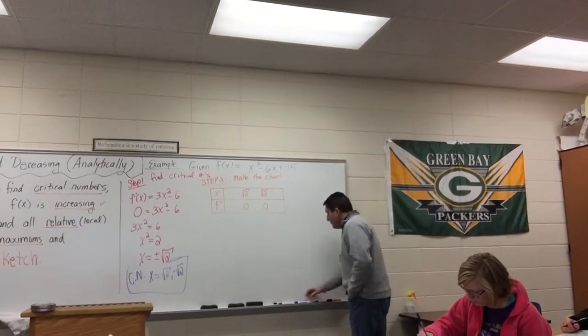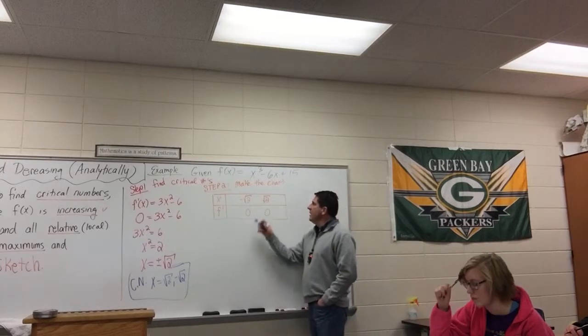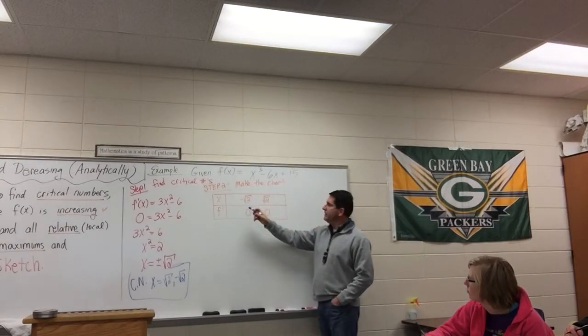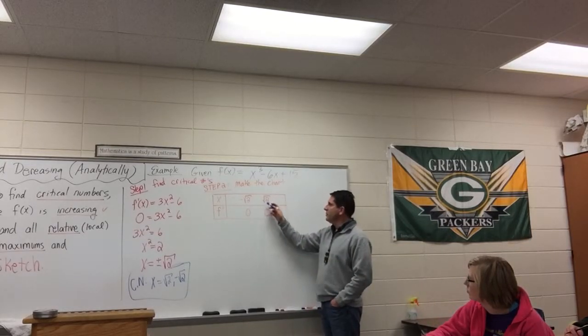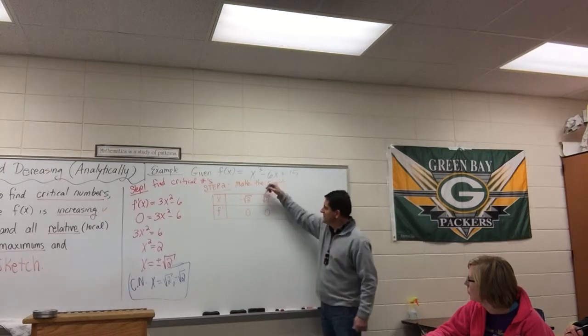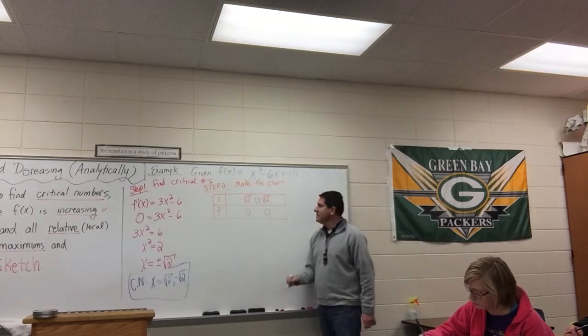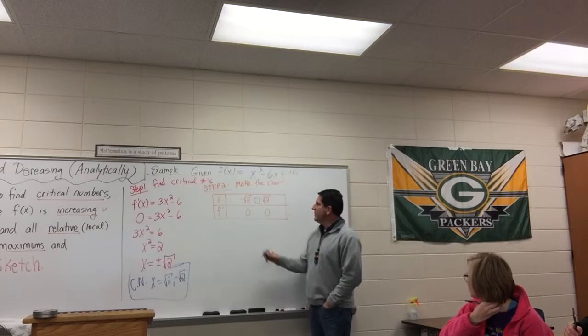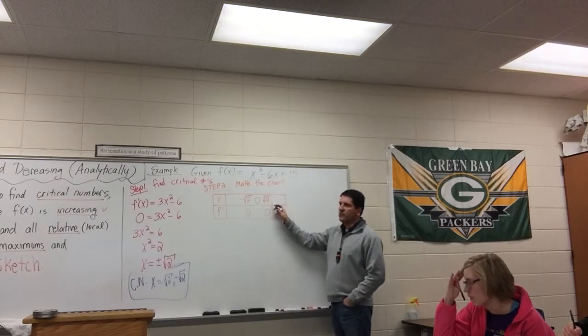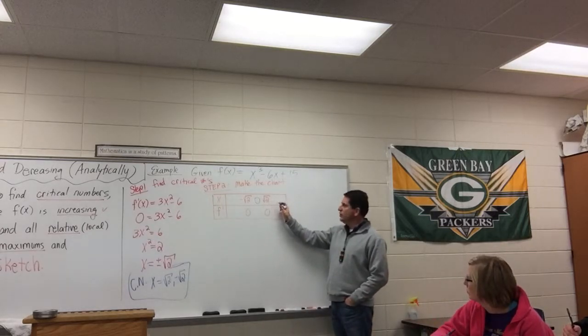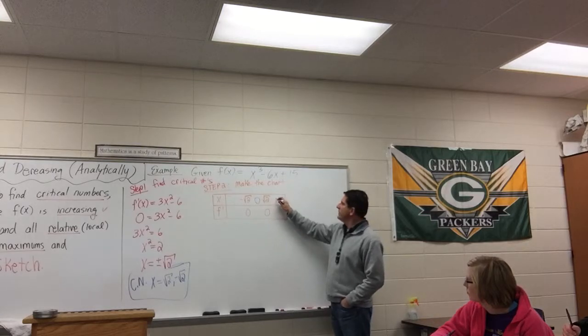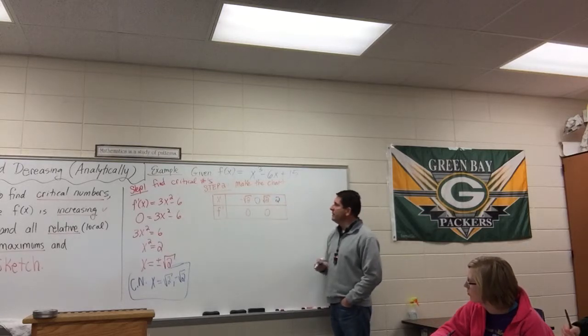Okay? So, we need a value. What's a value between negative square root of 2 and positive square root of 2? 0. So that's a good one to pick. Okay. What's a number to the right of the square root of 2? 2, because that's about 1.4, so 2 is a good number to put here.